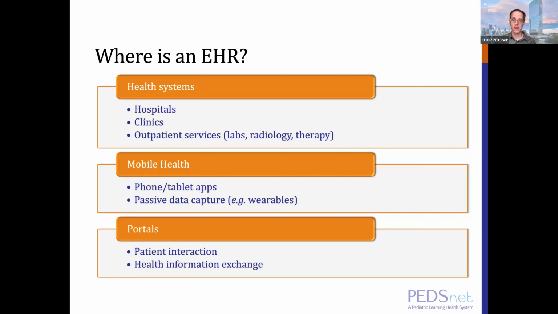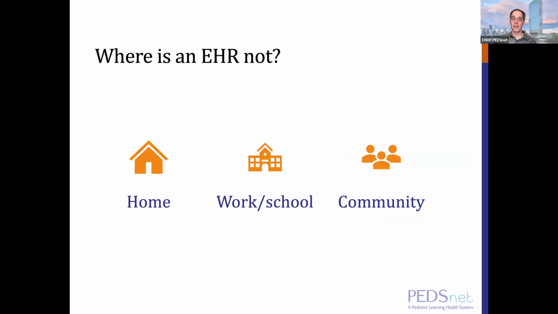And then finally, we want to think about EHRs as available through patient portals. So these are often web applications that allow patients to interact with the EHR when they're outside the healthcare institution, or that support exchange of health information between institutions or between patients as they carry their data from place to place.